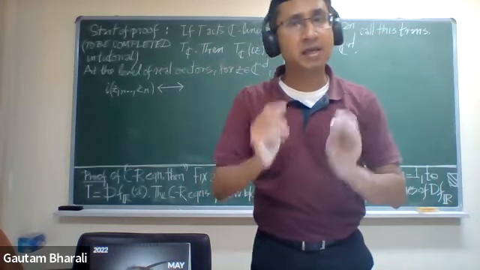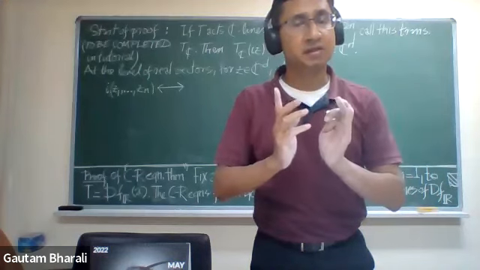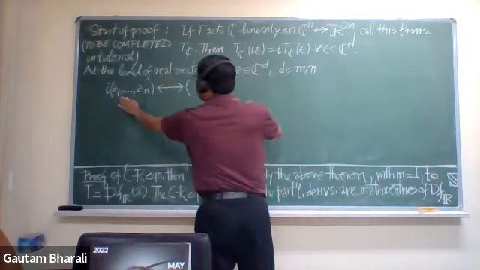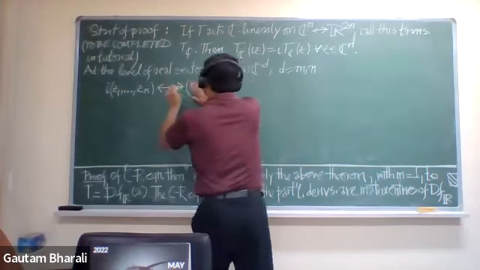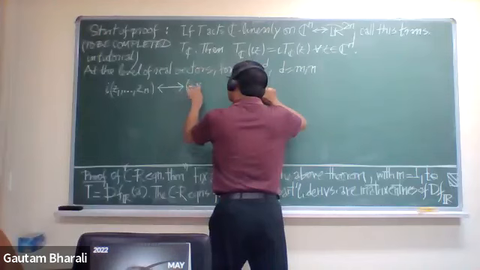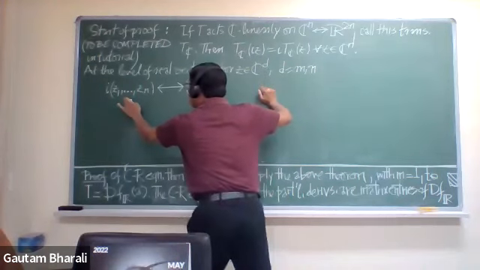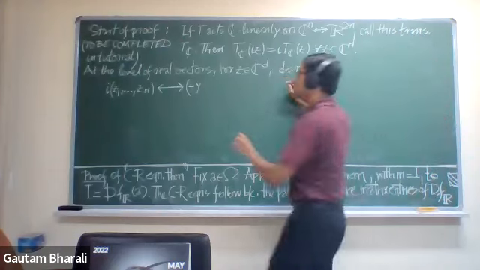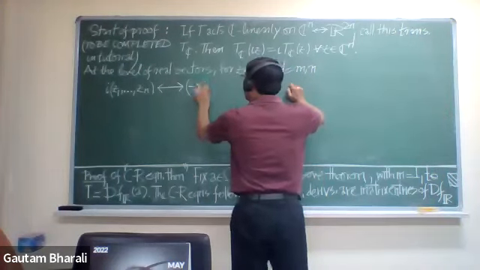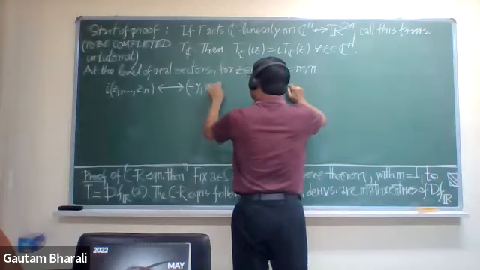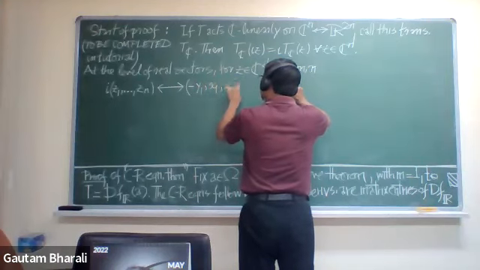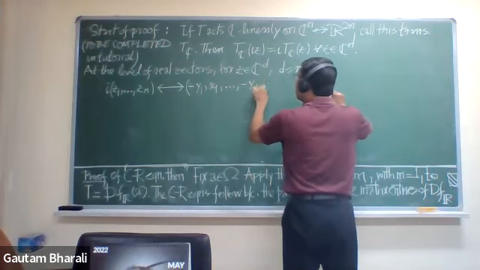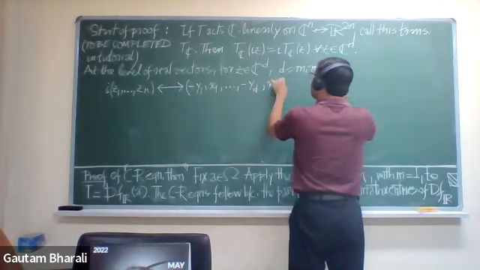Well, you get i x1 minus y1. So under my identification, this goes to the vector (minus y1, x1, ..., minus yd, xd), viewed as an R2d vector.